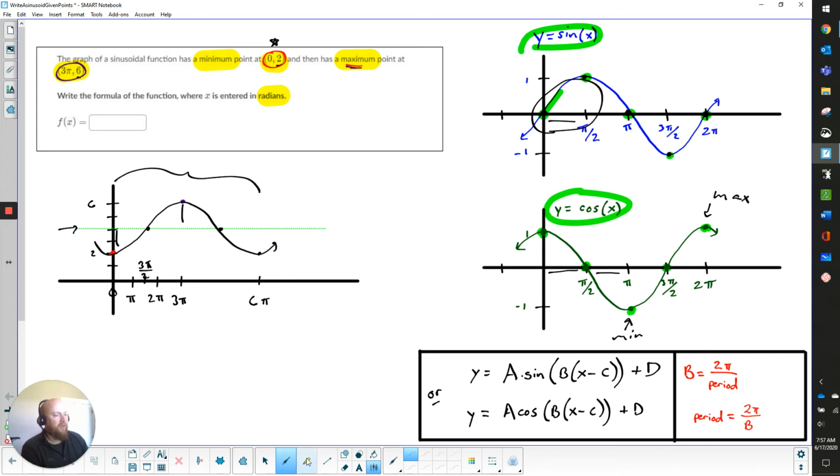So I put down in the bottom right corner over here how we calculate the B value, because we've got to either go with this model or this model.